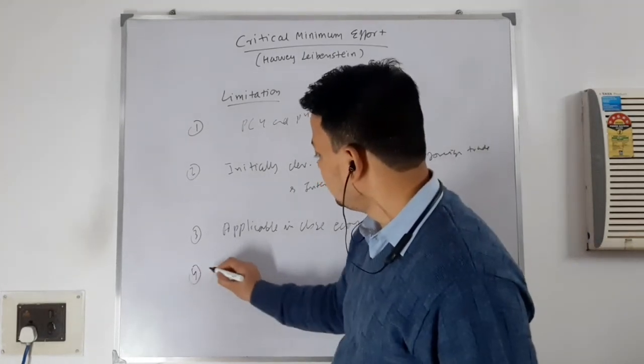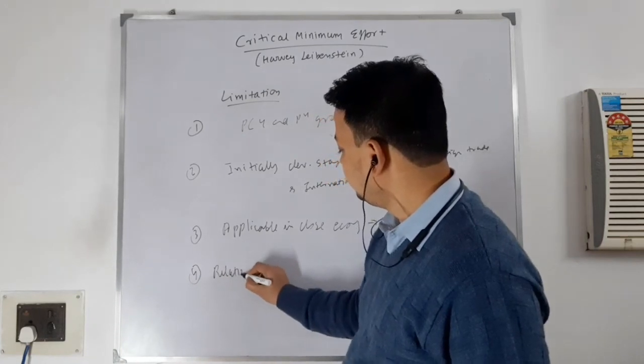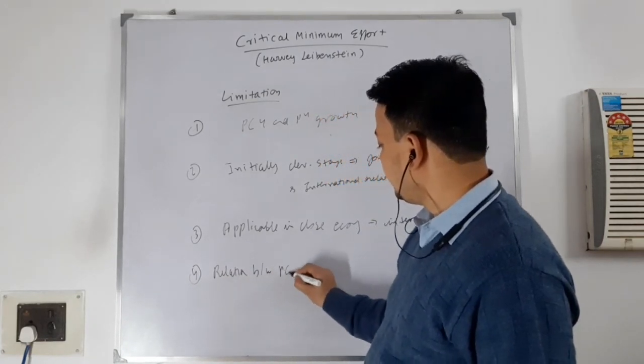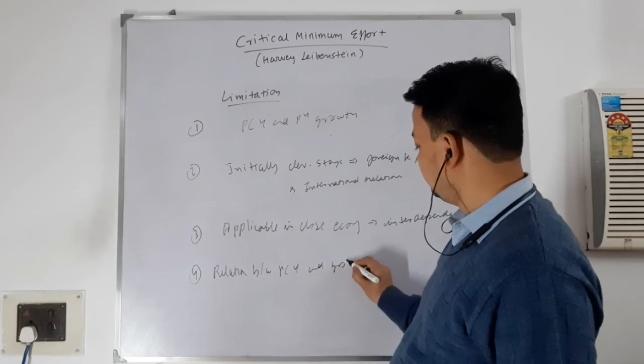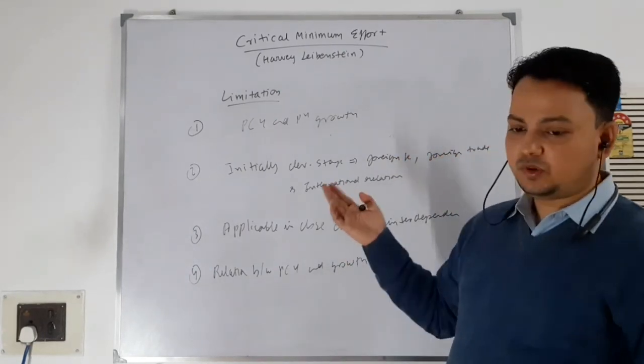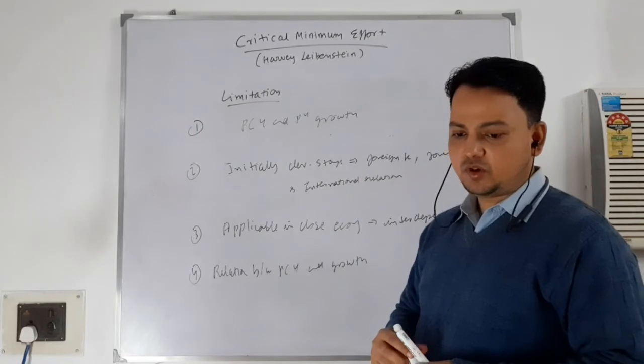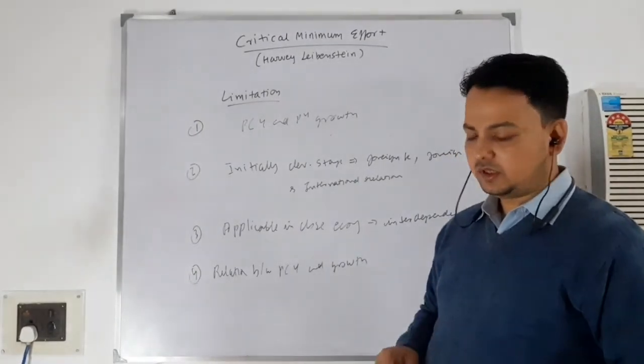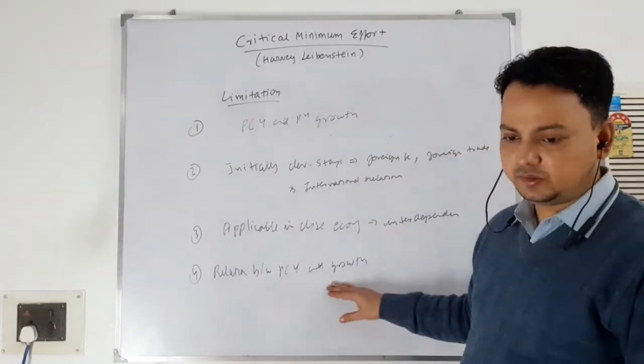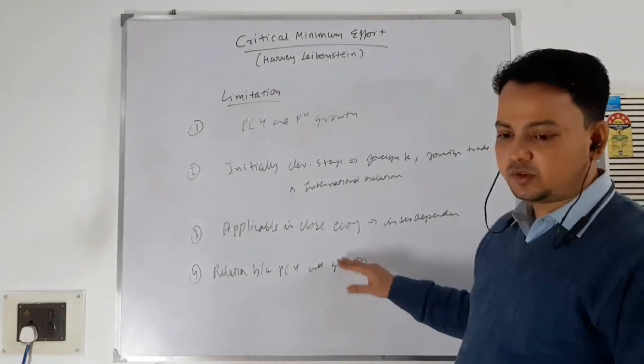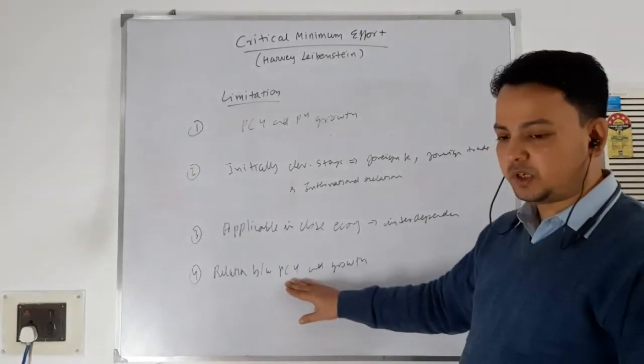Fourth thing, the relationship between per capita income and growth. When you are able to increase your per capita income, you are able to increase growth. This looks like a very rudimentary argument, because growth depends on several other factors, not only on per capita income.